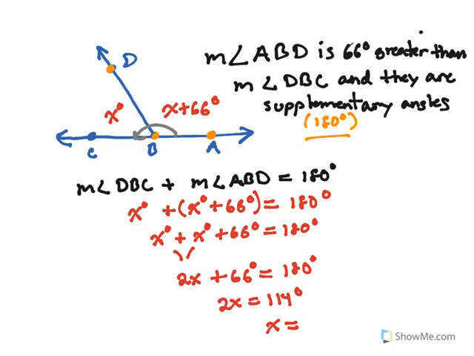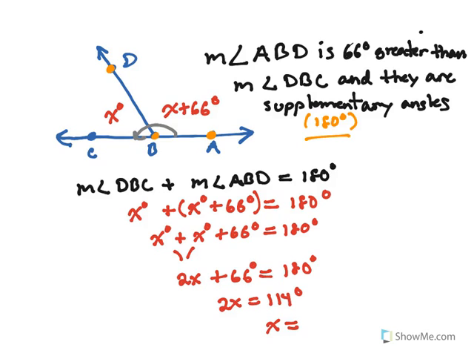So if you take those two angles, the measure of angle DBC plus the measure of angle ABD, they absolutely must add up to 180 in order for those two angles to be supplementary. That's really important.